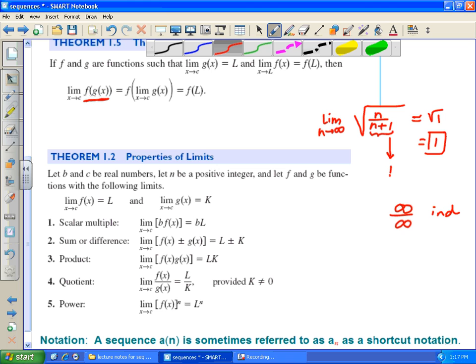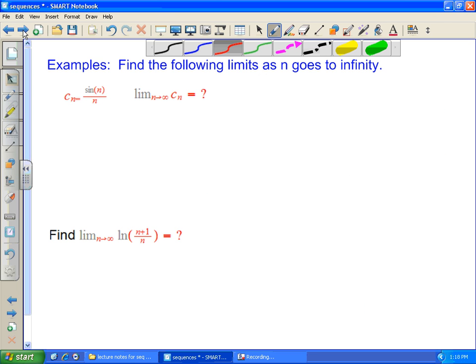Other indeterminate forms were 1 to the infinity. 0 over 0 was indeterminate too. Anytime you're finding limits, if you end up with one of these quantities, indeterminate means try to get rid of it by simplifying the expression. If it happens to be infinity over infinity or 0 over 0, you can also use L'Hopital's rule.